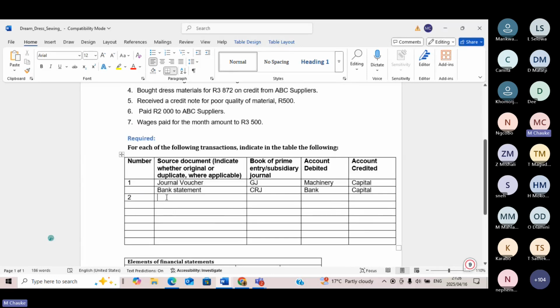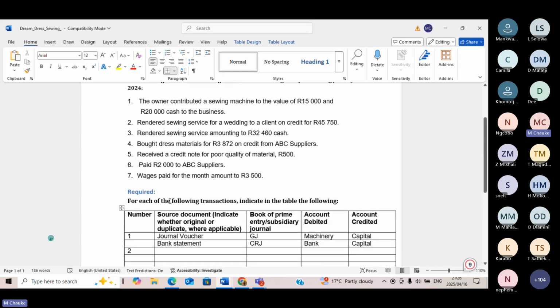Now, what is the source document whenever we render a service on credit? When we sell a service on credit, what is going to be your source document? Your source document is going to be a duplicate invoice. Are you with me? Duplicate invoice.